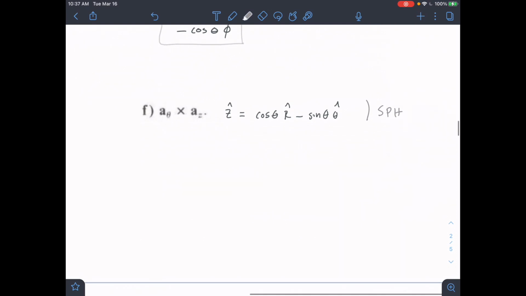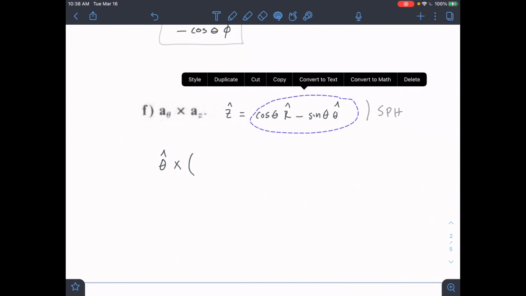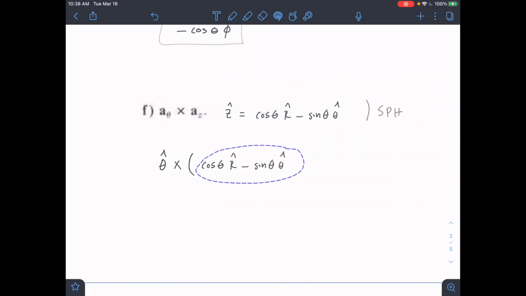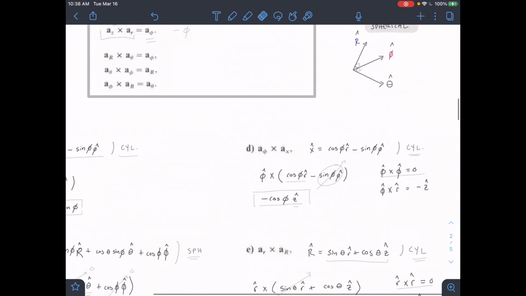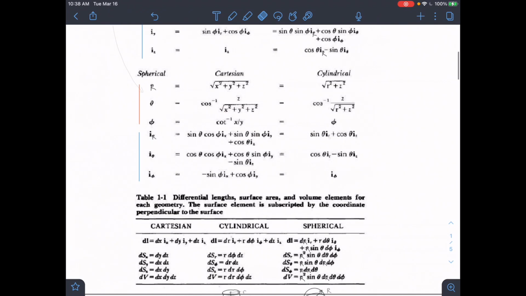So phi cross z. We have phi hat, right? And then we're crossing it with our converted z hat. So we are in spherical. We went up, we started with Cartesian here. We could also start with cylindrical because z is also in cylindrical, but we'll note that they're the same. I'll show you guys here.